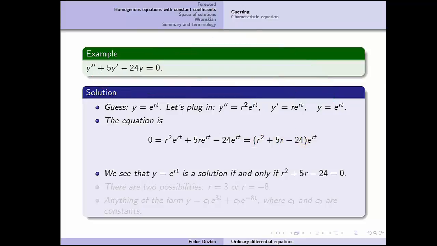In other words, such an exponential function is a solution of the original differential equation if and only if the constant r is a solution of the usual algebraic equation that you learned in primary school, just the quadratic equation. I hope you still remember how to solve this. So there are just two answers. r is either 3 or -8. Let me emphasize again that these two numbers, 3 and -8, are solutions of this algebraic equation.